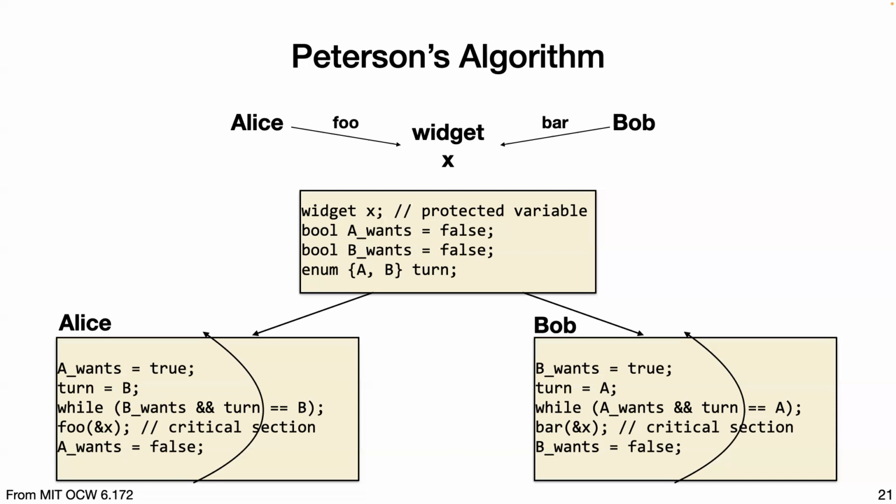If you pass through this, then you can enter the critical section, and once you finish the critical section, you just set A wants to be false, which is the end of this round. If she wants to go again, you just start again and set A wants to be true.